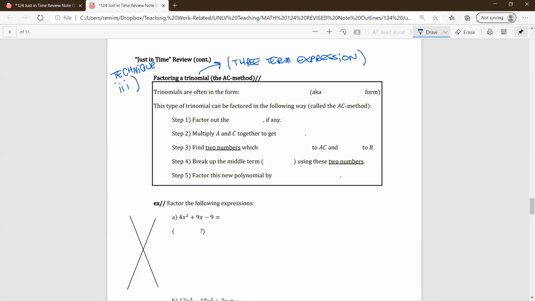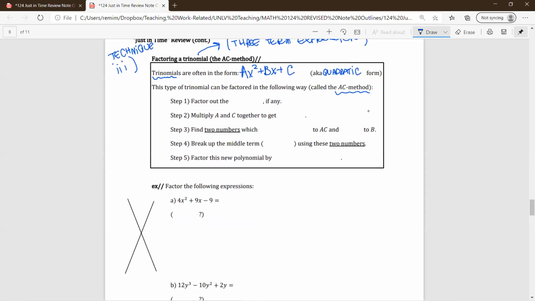This method works for certain trinomials. So trinomials are often in this particular form, ax squared plus bx plus c. That is also known as a quadratic form sometimes. So if we see a trinomial that's in that form, ax squared plus bx plus c, then it can be factored by using the AC method.